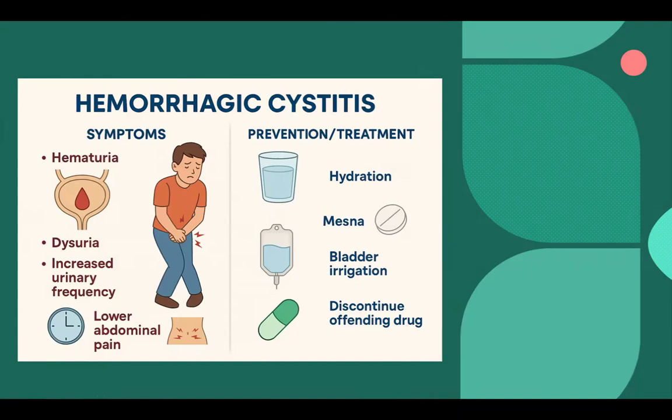Bladder irrigation and discontinue the offending drug, meaning cyclophosphamide. These are the prevention strategies for hemorrhagic cystitis.